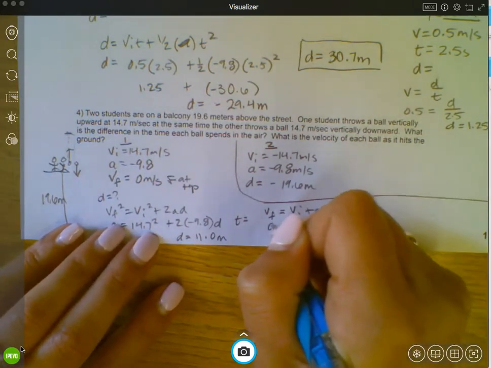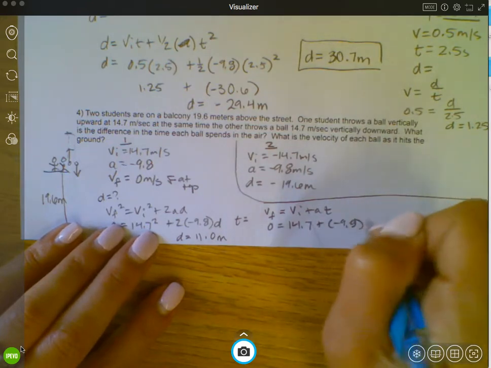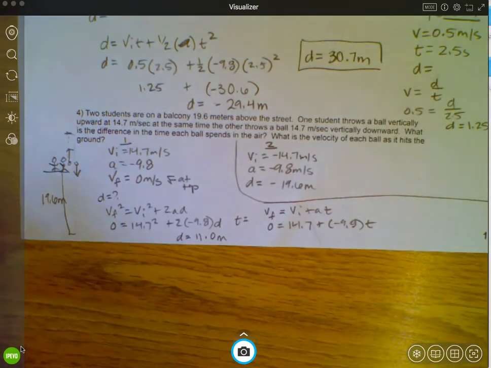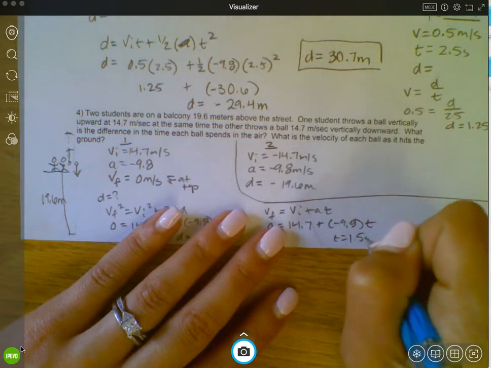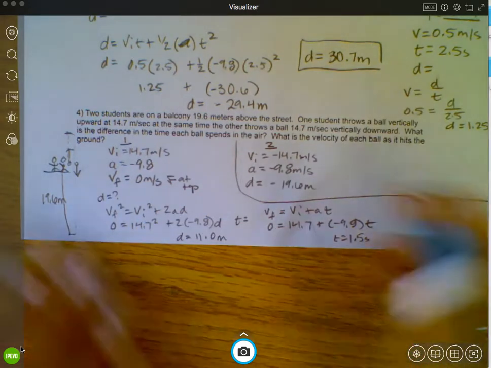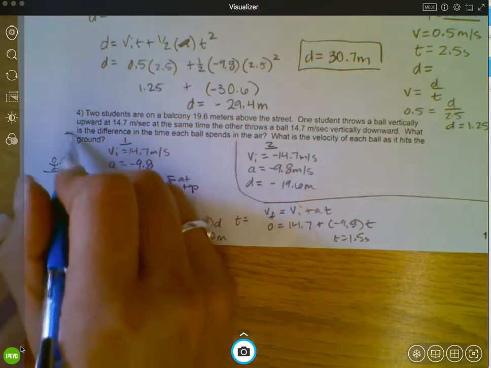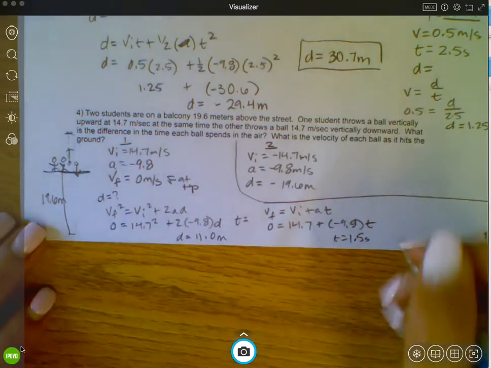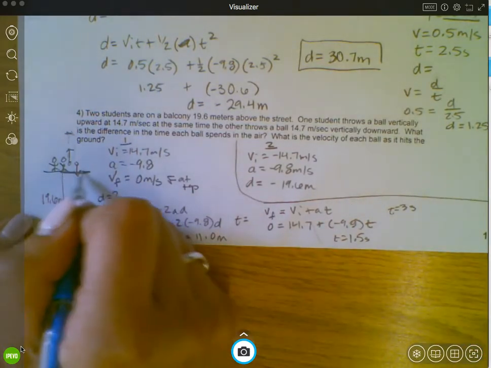So VF is 0, VI is 14.7, A is negative 9.8, looking for T. So we get T equals 1.5. So it takes 1.5 seconds on the way up, and then it's going to take another 1.5 seconds to come back down to that height of the cliff. So that's 3 seconds for the ball to get back here.